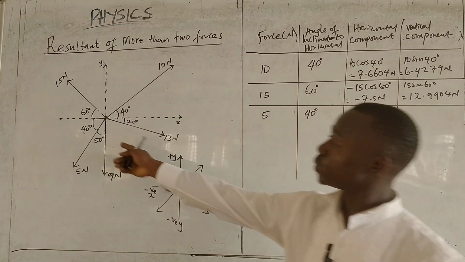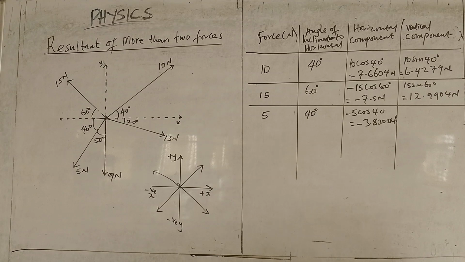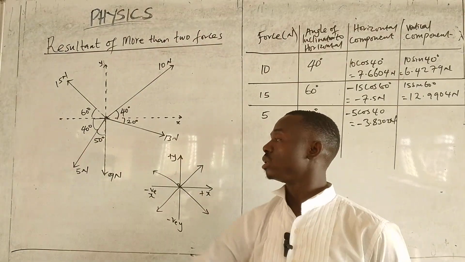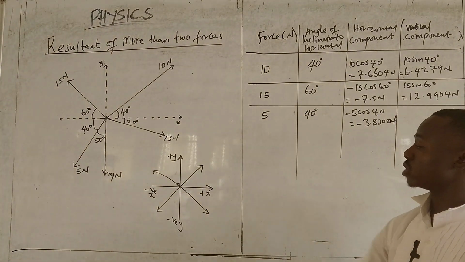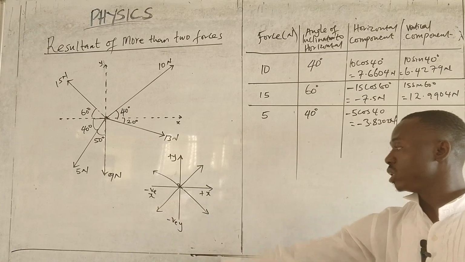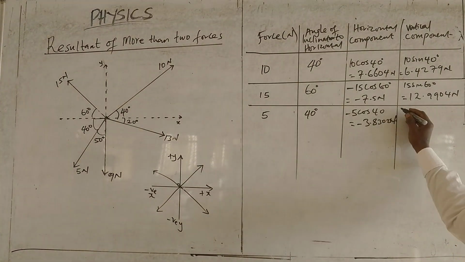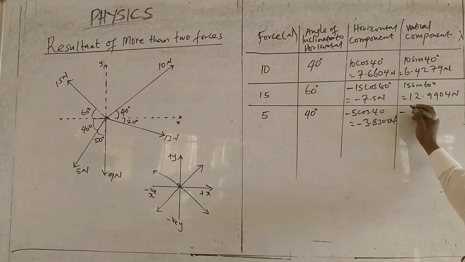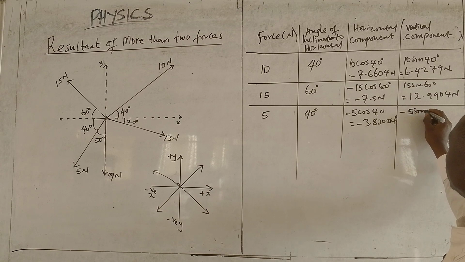Then for vertical, is it going to be positive or negative? Vertical component. This force is going vertically downward. So something going this way is vertically downward. So that's going to be negative. Anything going down is negative vertical. So that's minus 5 sine 60.